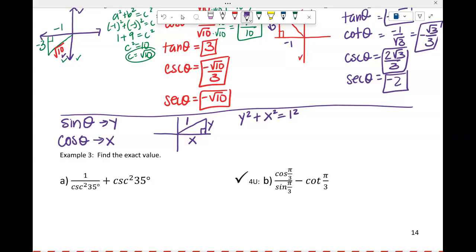Then we can safely say that since y is sine, sine of theta quantity squared plus cosine of theta quantity squared equals 1. This is a true statement.